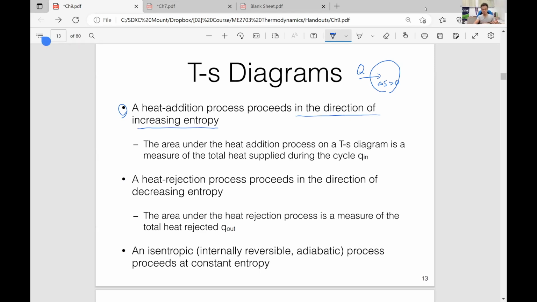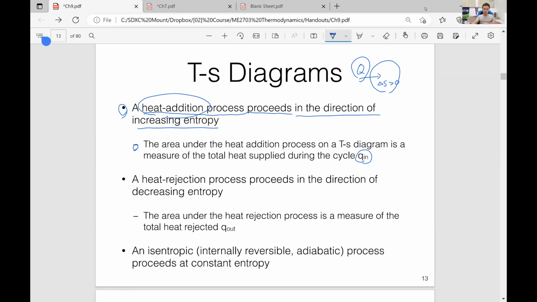The area under the heat addition process on a TS diagram is a measure of the total heat supplied during the cycle, which is the Q in. So this is actually the Q in, heat addition.